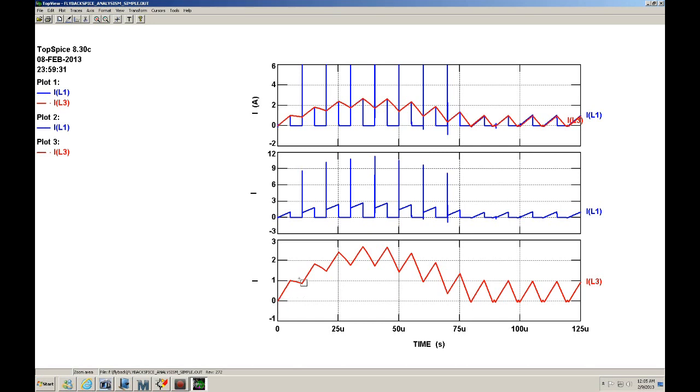So during this time, we're actually operating in what is called continuous conduction mode. In other words, it still has energy, or it still has current in the primary. When you look at this curve, you don't see that. It's not as intuitive using the coupled inductor model.